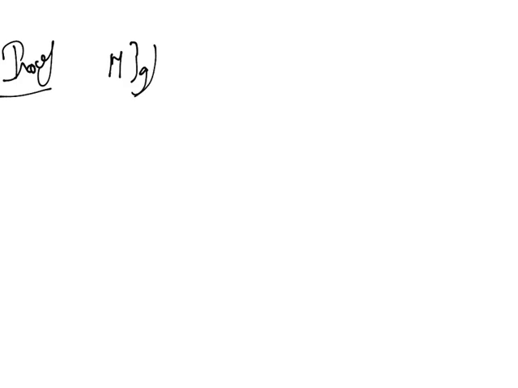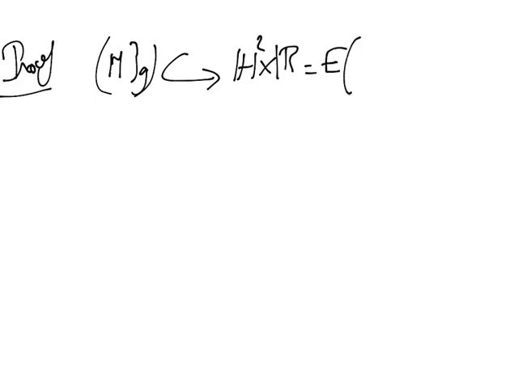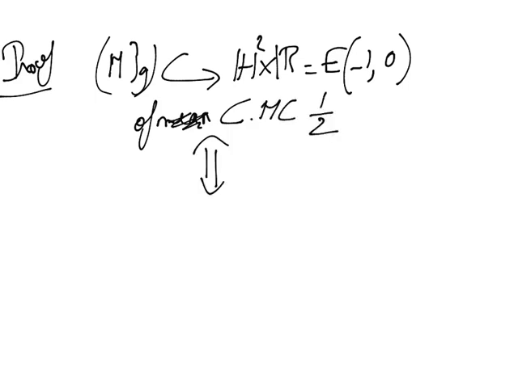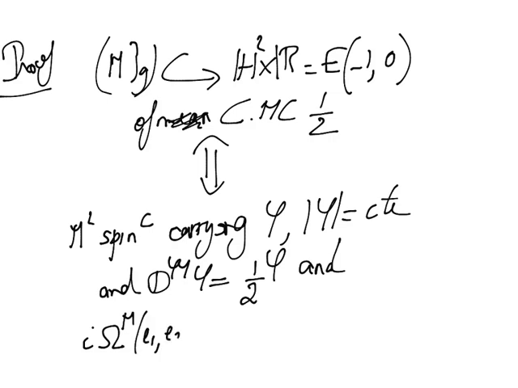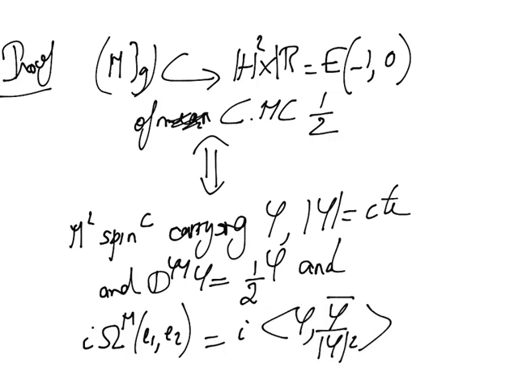If you have a surface isometrically immersed into H2 times R, which is E kappa tau with kappa equal to -1 and tau equal to 0, of constant mean curvature half, this is spinorially equivalent to saying that M2 is spin-C carrying a spinor field of constant norm and satisfying the following Dirac equation: D_M phi equals half phi, and the connection of the auxiliary line bundle, replacing kappa by -1 and tau by 0, is given by i times phi bar over norm of phi squared. I'm going to call this one system 1.